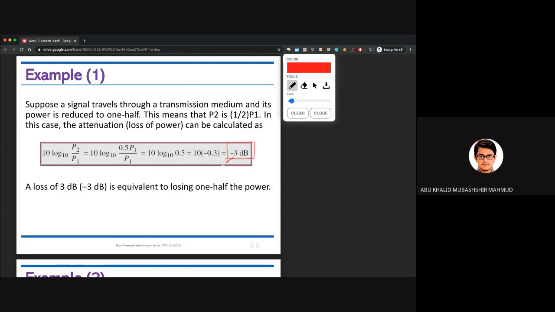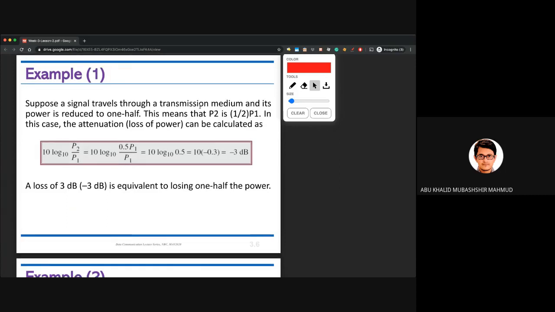That is, if the value is negative, it suffered from attenuation. If the value is positive, then it got boosted by some amplifier. So I hope you get that. This should be your self study. If you have any problem regarding this maths, you should contact me. So let's move on forward.